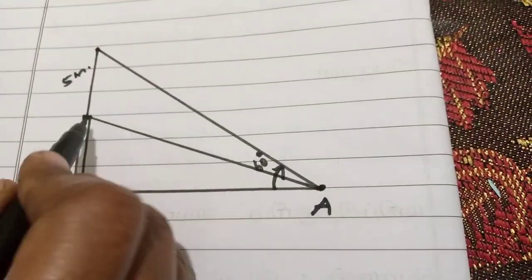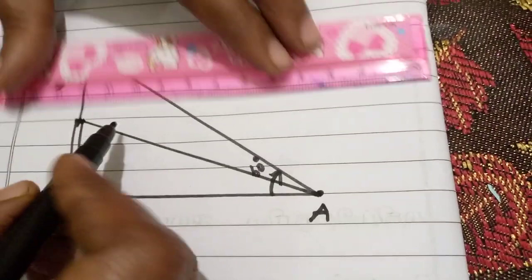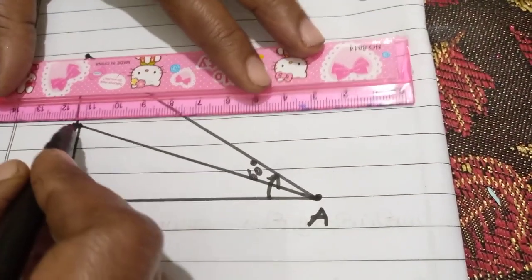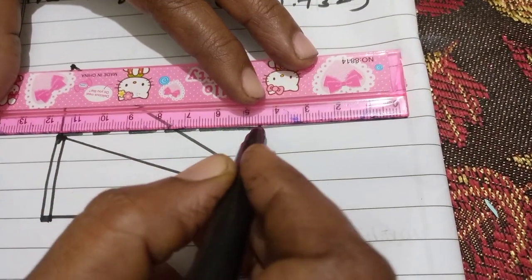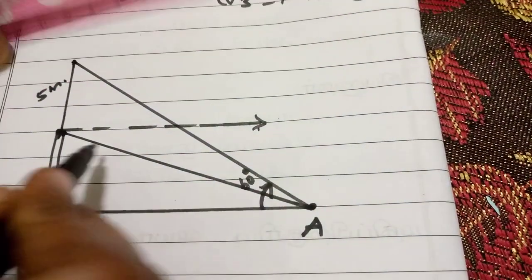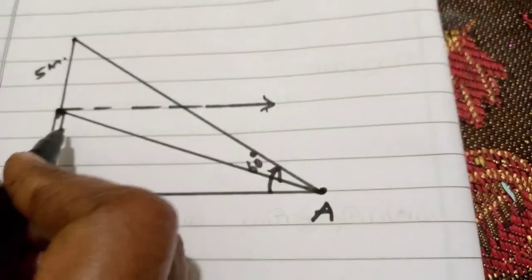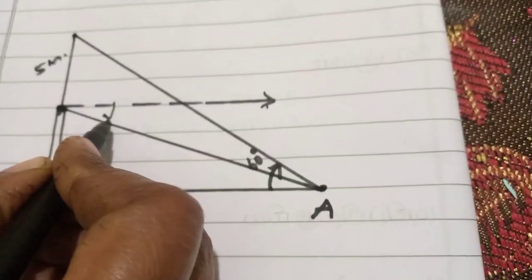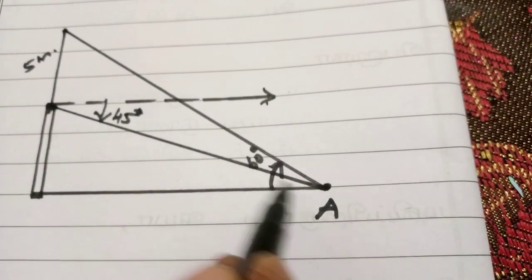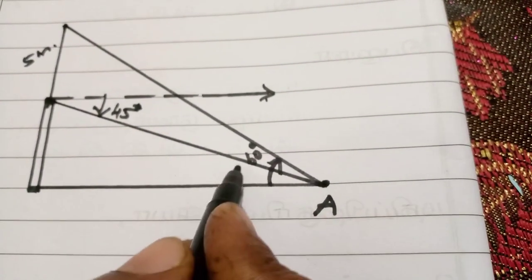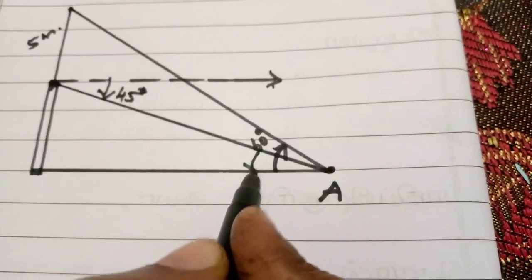This horizontal level we have to join here. Now it is the angle of depression 45 degree. Now these both angles are alternate angles, so this will be 45 degree here.